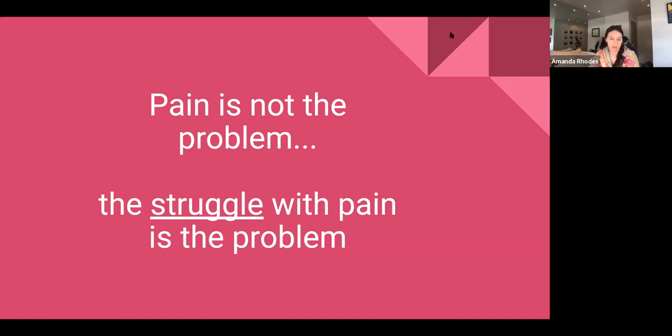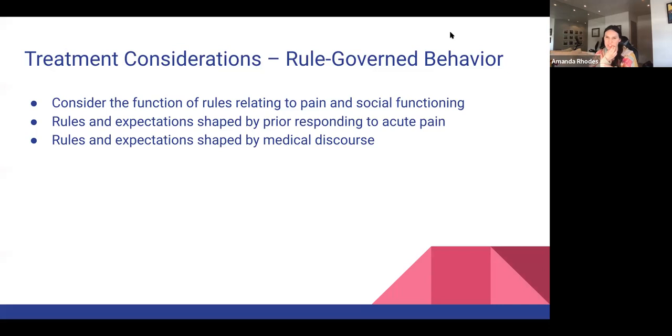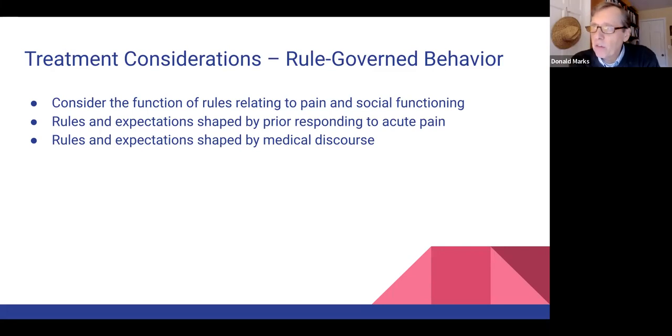So if you want to go on to the next slide, Dawn's going to take it over to this rule-governed behavior part of our presentation. Right. Yes. So these are a couple of slides that I want to just cover here with you to talk a little bit about an aspect of behavior that is relevant to both the traditional CBT and the ACT approaches, and that is rule-governed behavior.